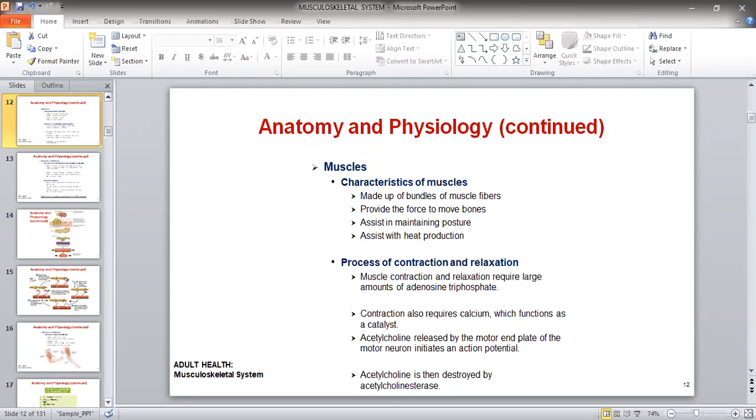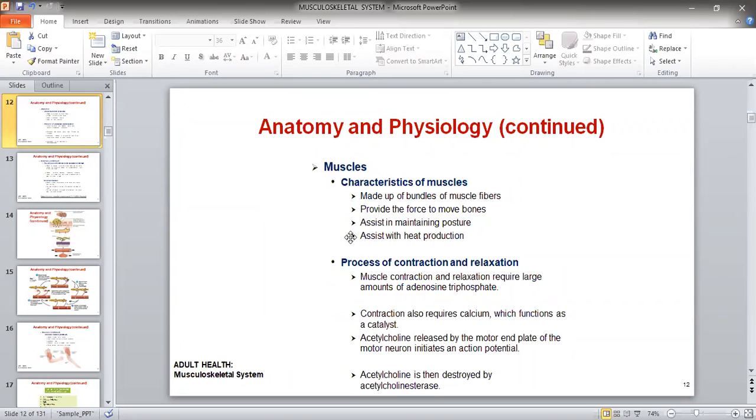This is the nature or character: the basic unit is the muscle fiber with many nuclei, and these muscle fibers are striated. Skeletal muscle is made up of bundles of muscle fibers, and provides the force to move the bones, assists in maintaining posture, and assists with heat production, right?